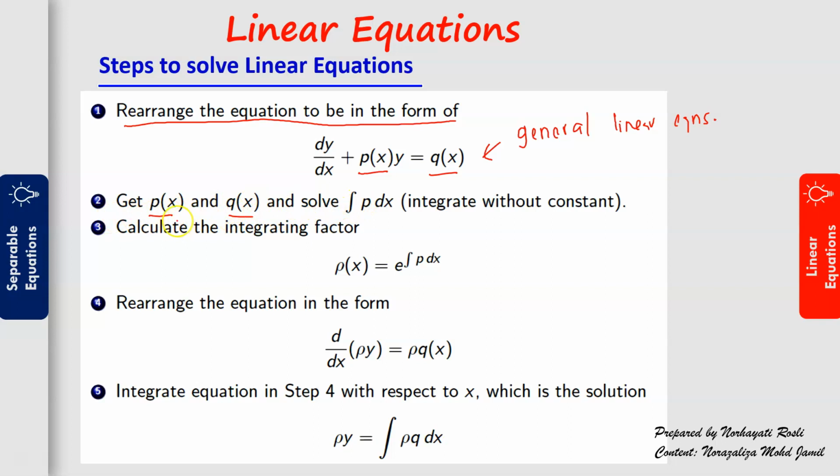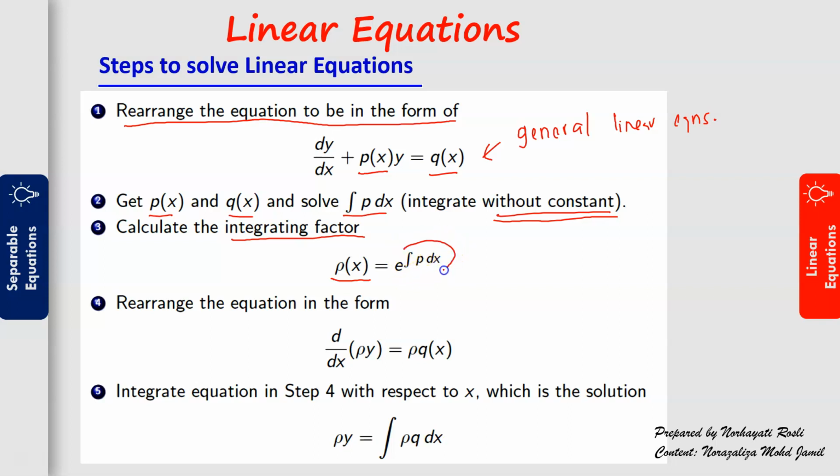And then when you got this P(x), you can solve for the integration of P dx. That is, you need to integrate P without constant. Remember here, without constant. Once you integrate P dx, step number 3, you need to calculate the integrating factor. The integrating factor is given by rho(x), which is equal to the exponential of the integration of P dx.